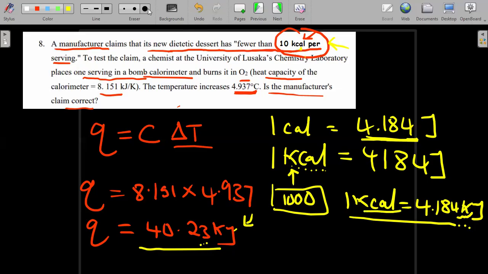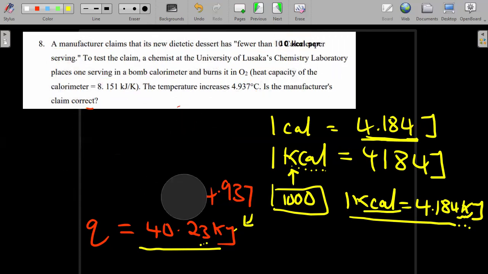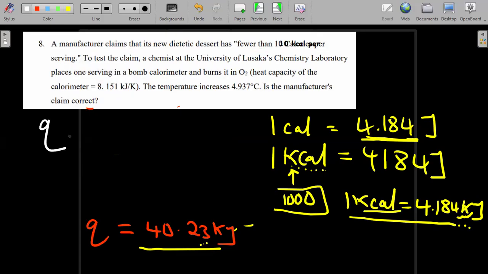Let's convert now. We're going to make some space on top here. This energy from the new food is going to be equal to my 40.23 kilojoules, and then I'll multiply by 1 kilocalorie over 4.184 kilojoules.